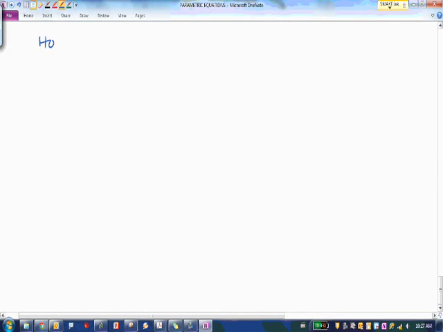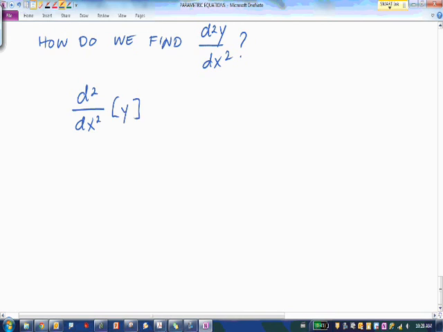One last thought is, how do we find the second derivative? Okay, how do we find that? Well, let's think about it carefully a little bit. Let's view the second derivative as really being written in this form.